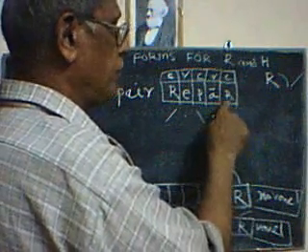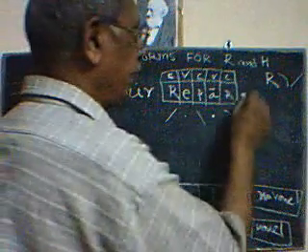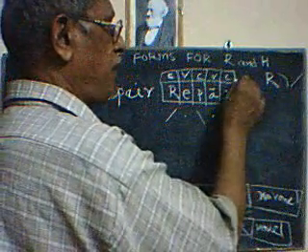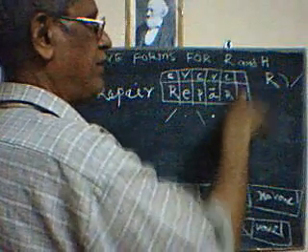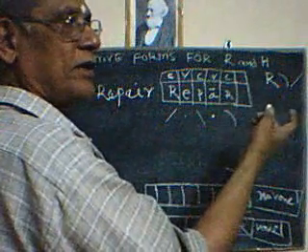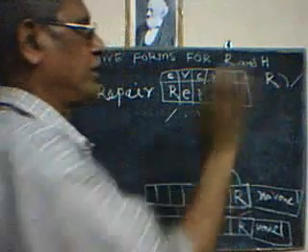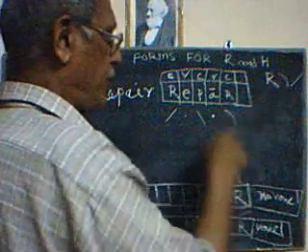Here, which form should be used? Downward form. Here, there is no vowel. It is blank. There is no vowel. Therefore, it should be written with the downward form.